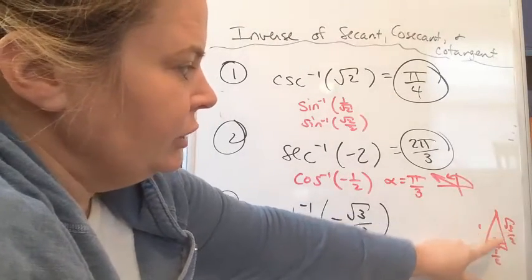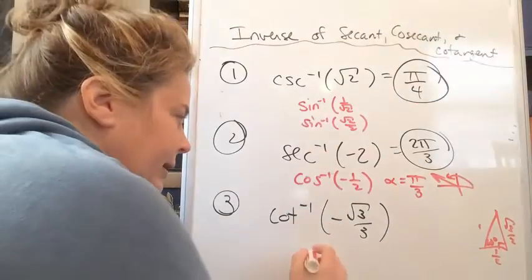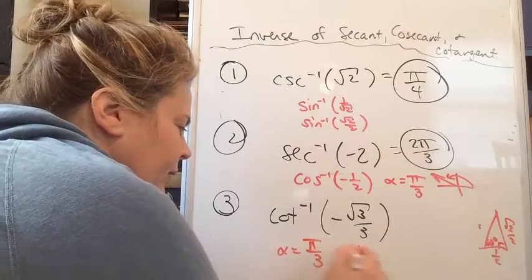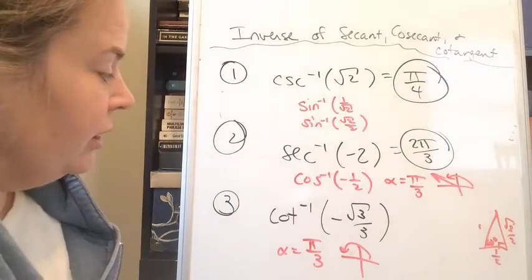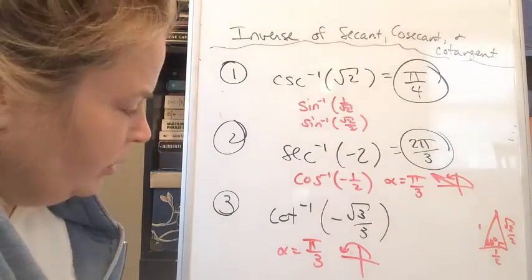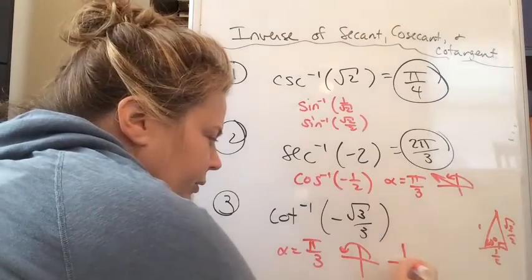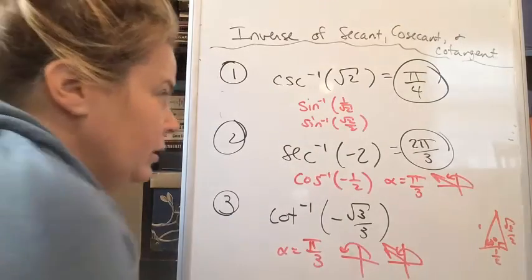Adjacent over opposite is cotangent, and square root of 3 would be in the denominator. So that is pi over 3. But you have to remember that inverse cotangent is sort of like inverse cosine. It's from 0 to pi, so we'll be in the second quadrant with a reference angle of pi over 3. And that is also 2 pi over 3.